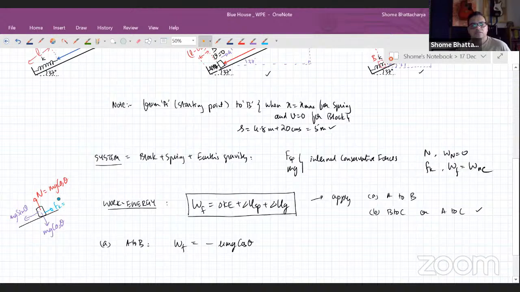So kinetic friction on the way down is mu N like this when the object is sliding like this. Okay, so A to B it's like this.